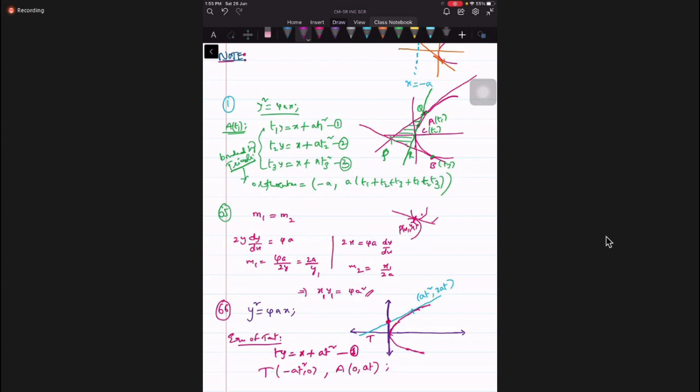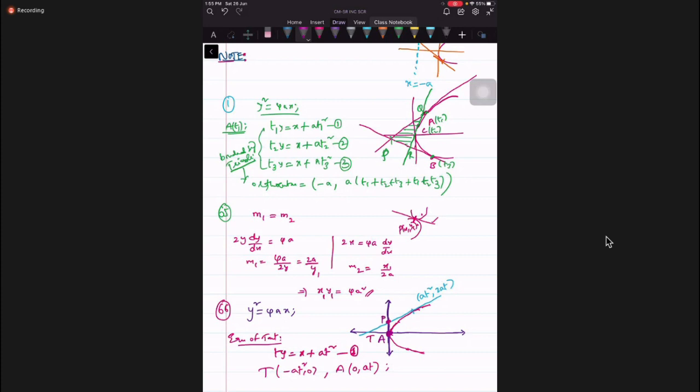A tangent to the parabola meets the x-axis at T, and a tangent at vertex A. So the vertex is given as A. The tangent at vertex A meets the tangent at P. This is P, students.